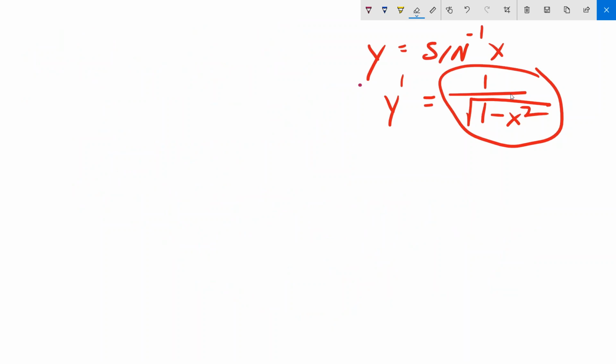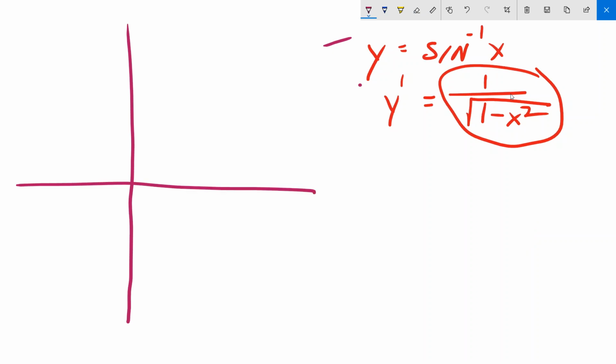I'm going to draw this function. Well, this function right there is what you get if you took the sine wave and drew the inverse of it. Notice it looks just like a sine wave.